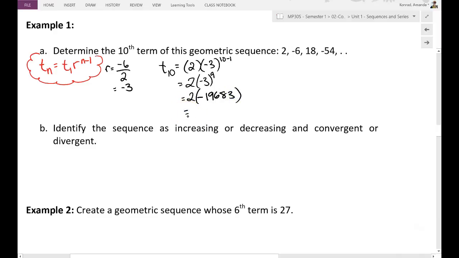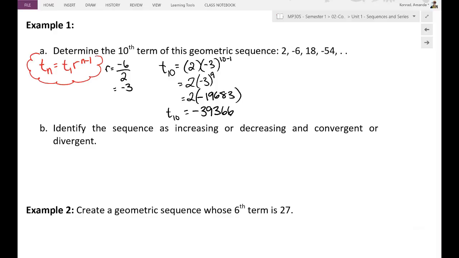We're going to double that, so times 2, and our final answer, so term number 10, is going to be negative 39,366. So you can see in just those short few terms, going from term 1, which had a value of 2, to term 10, we are now up at almost 40,000.